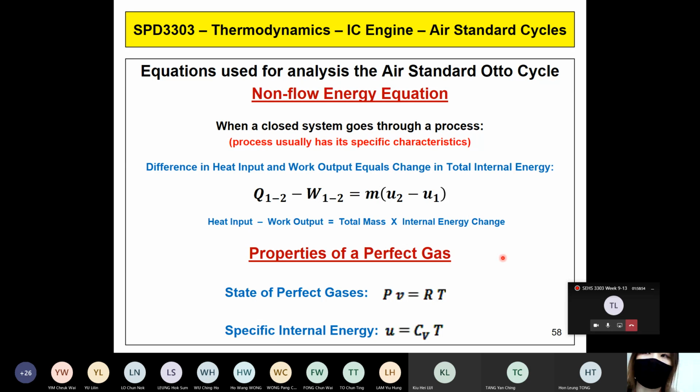Also, we have air as the working fluid. We can assume air is a perfect gas, so that we can use the properties of a perfect gas. By combining these two, we can solve our problems. We can perform our basic analysis for this air standard diesel cycle. Sorry, here should be diesel.